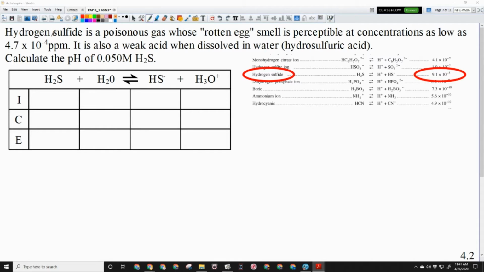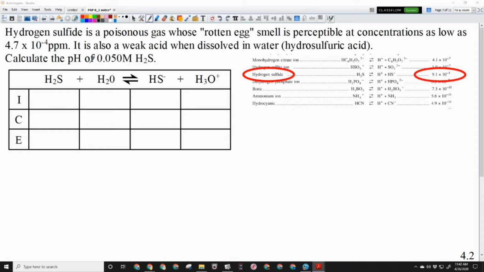All right, hydrogen sulfide is a poisonous gas whose rotten egg smell is perceptible at concentrations as low as 4.7 times 10 to the negative 4th parts per million. It's also a weak acid. When dissolved in water, it becomes hydrosulfuric acid, H2S.